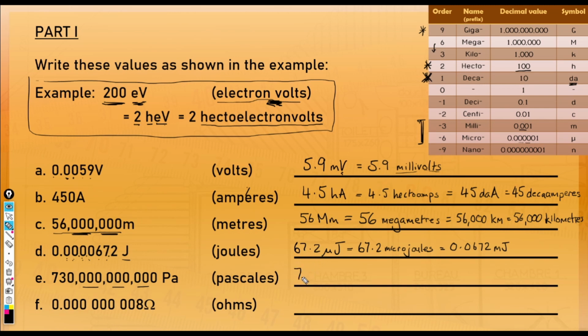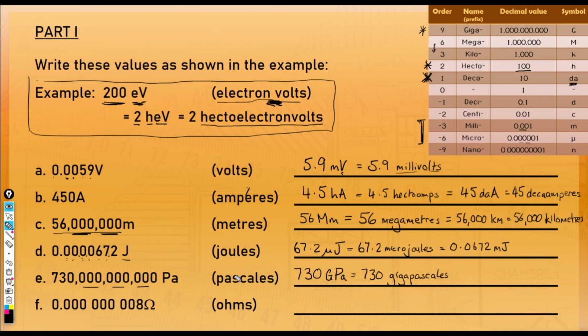So this is 730 gigapascals. So capital G, capital P, small a. Pascals uses 2 characters for its unit. So 730 gigapascals. Okay.